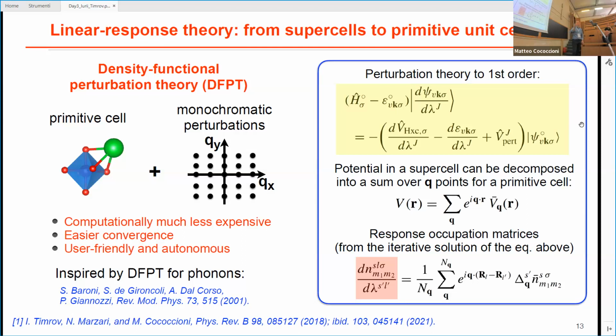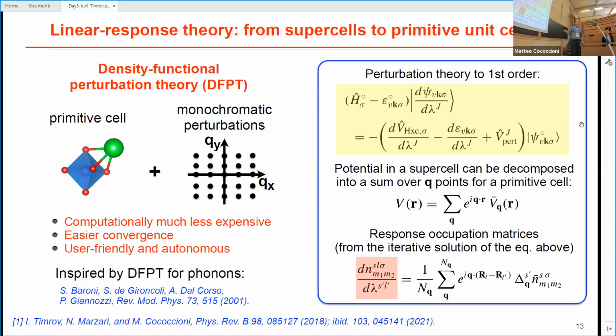Tomorrow, Nicola will talk about applying DFPT to compute Koopmans screening coefficients. Historically, it was proposed for phonons. Here we are about 30 years later, applying it to computing Hubbard parameters, and then Koopmans, and maybe we can apply it to other problems. We give the credit to the original authors, of course.